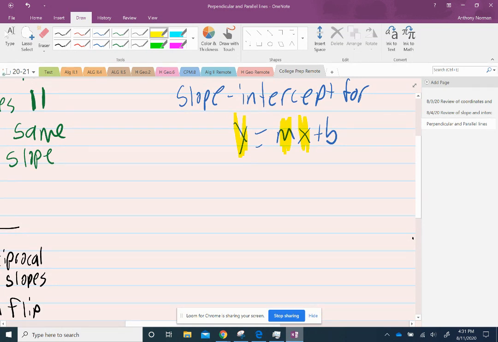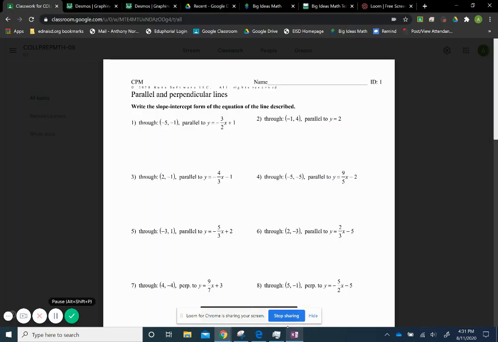So, as with most things in math, let's look at an example. So we're given the points -5 and -1.